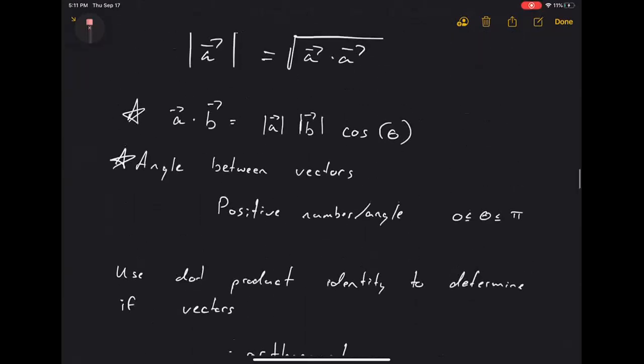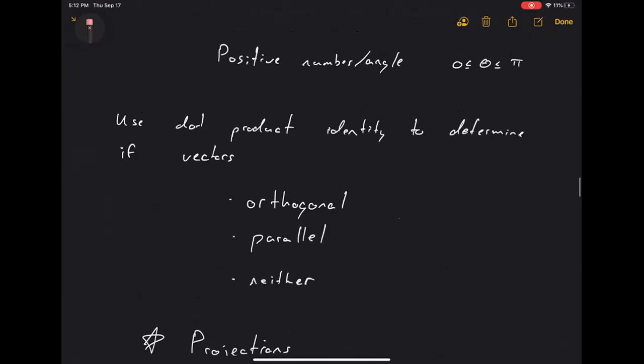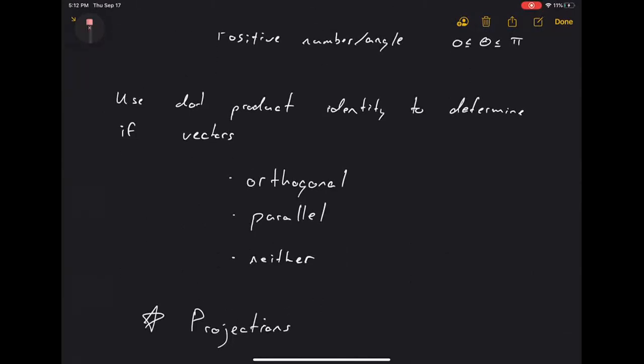Using this identity here, well, not just that identity, but properties of dot product in general, we should be able to tell when two vectors are orthogonal and when they're parallel and neither. So remember, two vectors are orthogonal if their dot product is equal to 0. They're parallel if this is equal to the magnitude of A times the magnitude of B exactly.